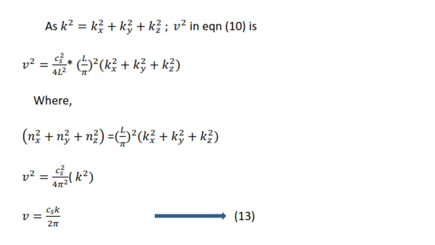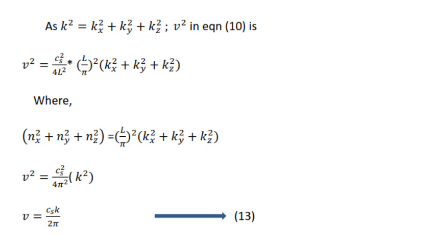We will see this later. Here you see now nu square is equal to cs square divided by 4l square into (nx square plus ny square plus nz square). This is equation 10. You see the equation 10, then you will understand: (l by pi) the whole square, into kx square plus ky square plus kz square.